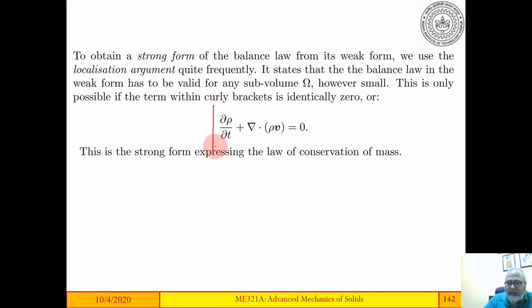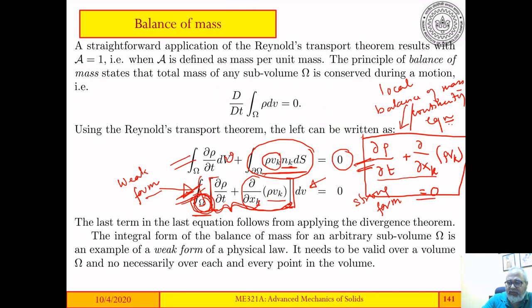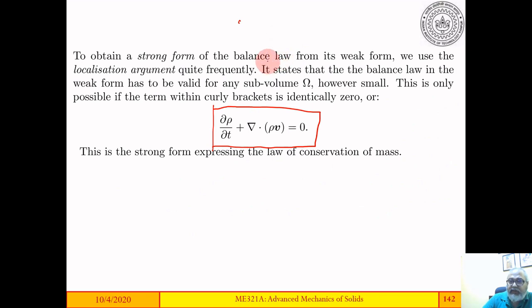Okay, so this is the strong form of the conservation of mass in vector form. So remember, if we go back, this is what we had: del rho by del t plus del by del x_k of rho v_k equal to 0, and by now you can map this to the term here.